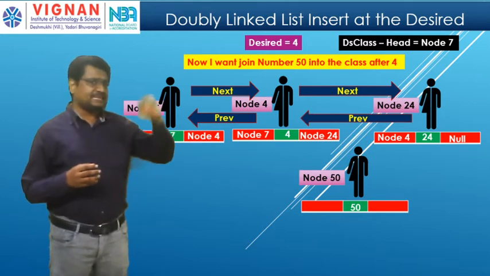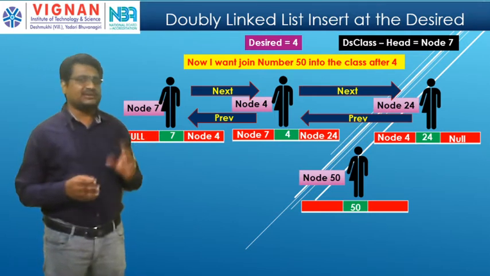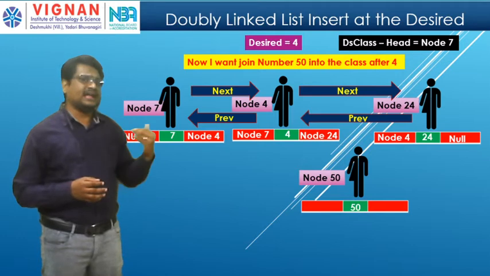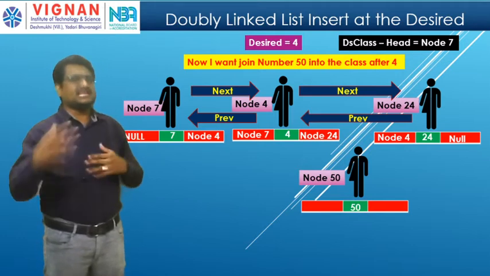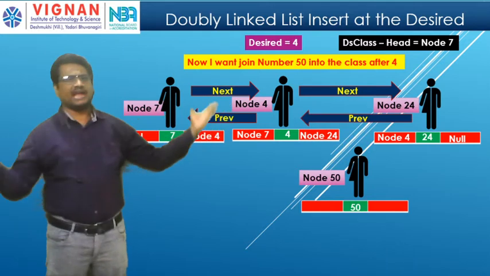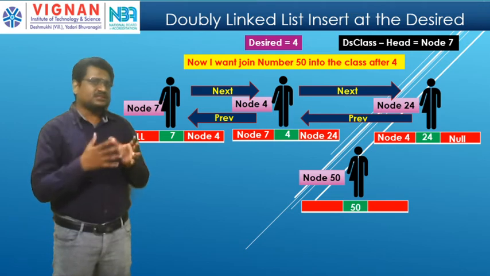Now, if you see the previous examples, if I am inserting at the start, I will directly put the previous element as null. If I am inserting at the end, I will directly put the next element as null. Why? Because these are inserting at the starting or ending. These are clear. Now, here I am inserting after some value.